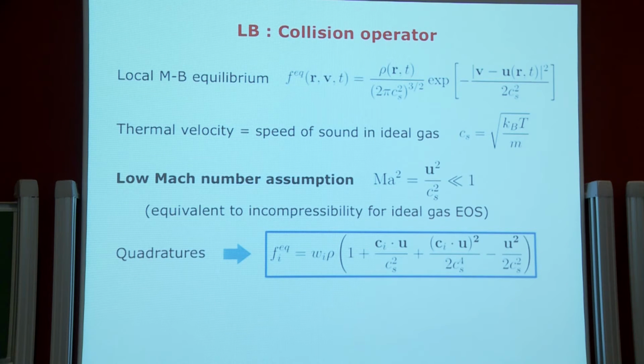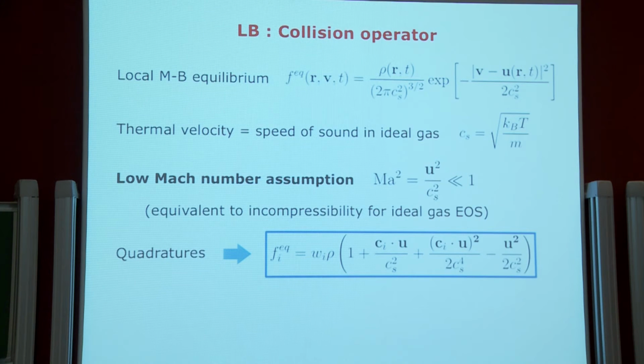And remember that earlier this morning, I also introduced the ratio between the velocity and the speed of sound, that is the Mach number. If you have a small Mach number, you can make an expansion of this Gaussian around zero average velocity. So we'll have something that looks like a Gaussian distribution times a polynomial in u.